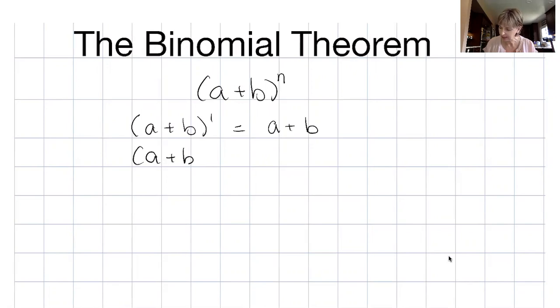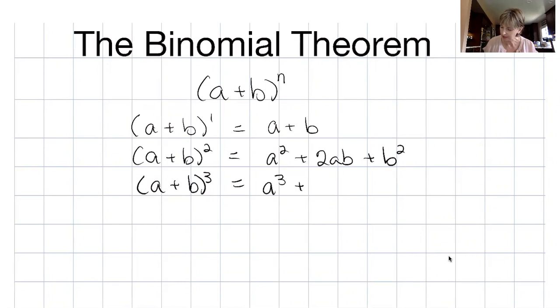But if we took a plus b squared, we'd get a squared plus 2ab plus b squared. If we had cubed, it would be a cubed plus 3a squared b plus 3ab squared plus b cubed.